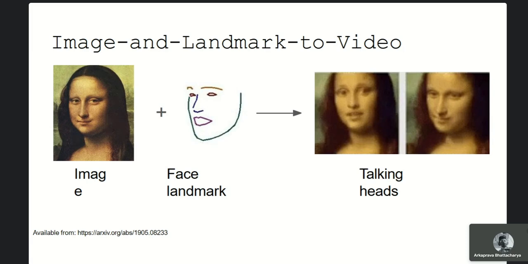So this is what we have heard of as Harry Potter talking paintings. So this is how they generated talking paintings. So you take an image, you take face landmarks from some other video, and then you create talking heads.